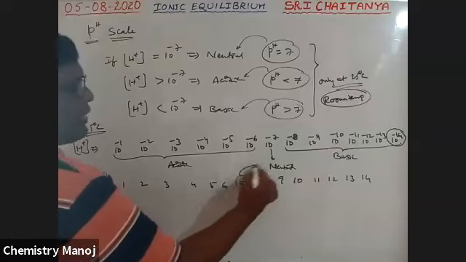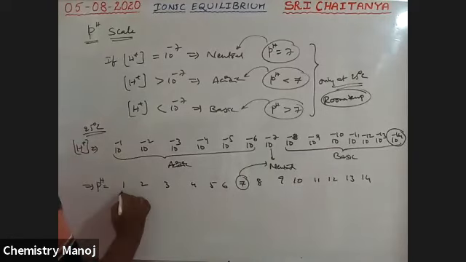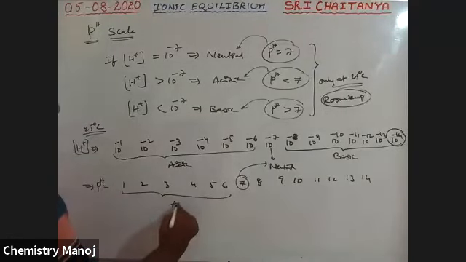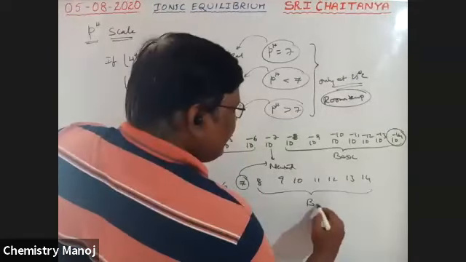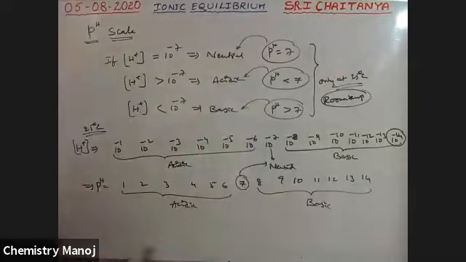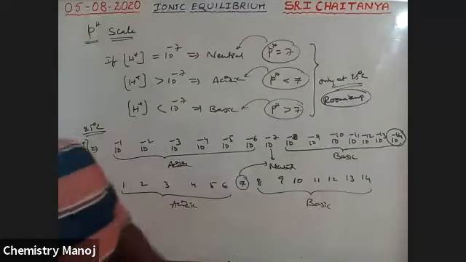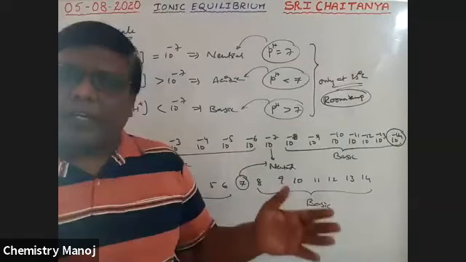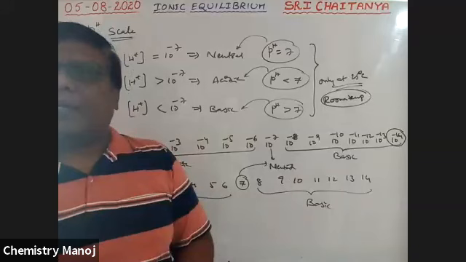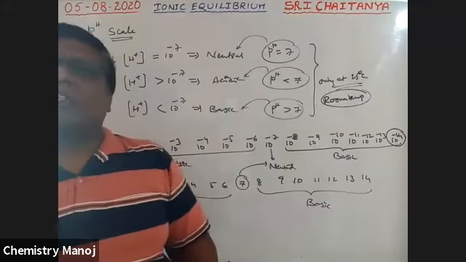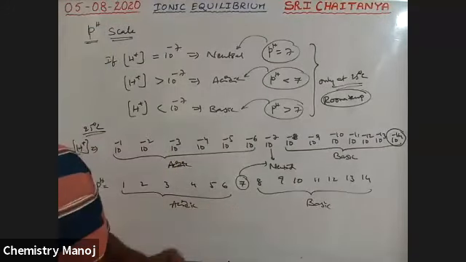If pH is equal to 7, that is neutral; pH less than 7 is acidic; pH greater than 7 is basic. So it is the simplest way, my dear boys, to express the concept.